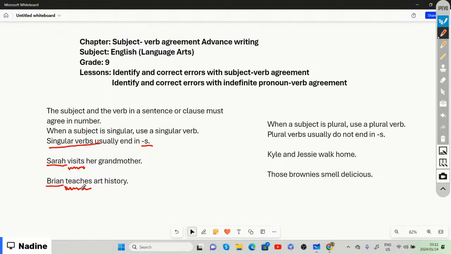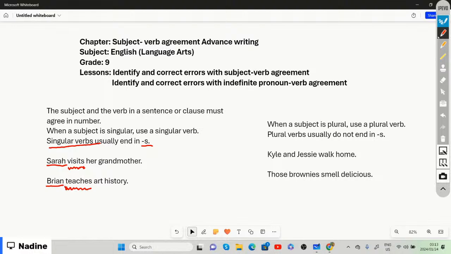And we say that the singular verbs usually end in S. So when we have a subject that is singular, then we also use a verb that is singular.